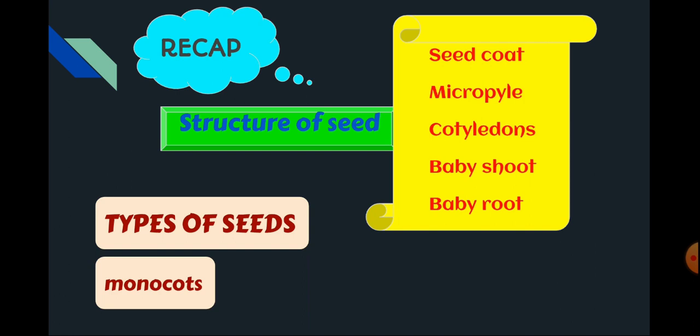If a seed has two cotyledons, it is called dicots. The examples of dicots are green gram, Bengal gram, horse gram, green peas and all other pulses.